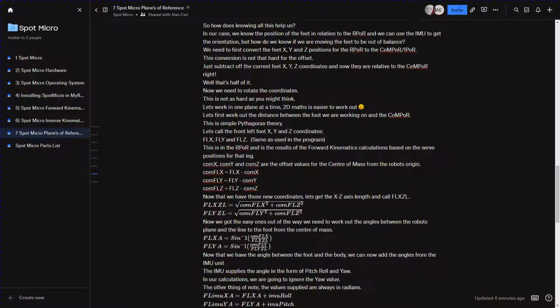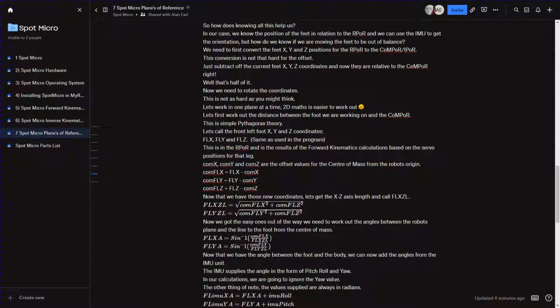To get the length, it is the other two sides of the triangle squared, added together, and then you get the square root of that. So we take COM FLX squared plus COM FLZ squared, get the square root of that, and we've now got the length for that first one. We repeat that for the Y axis as well, and we get the YZ length.